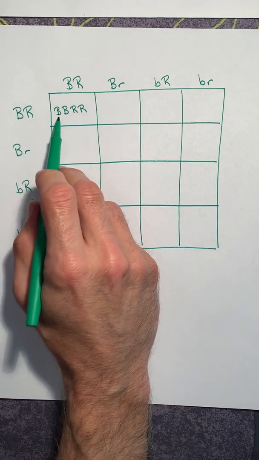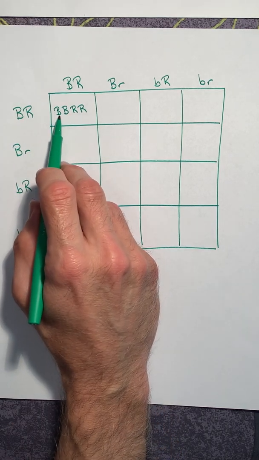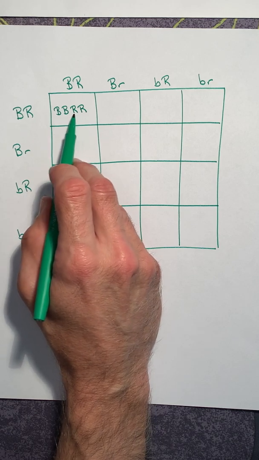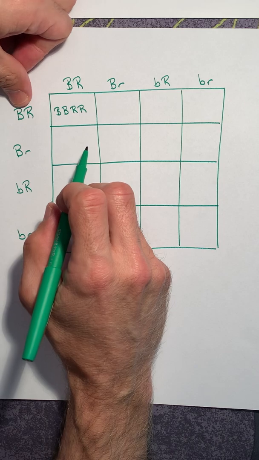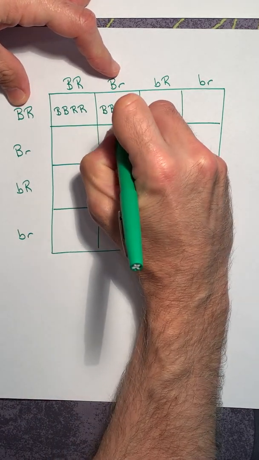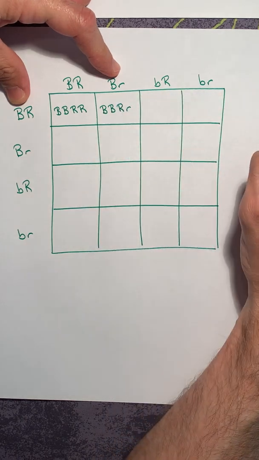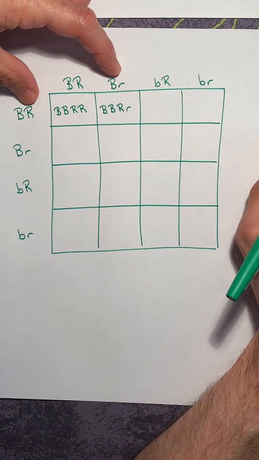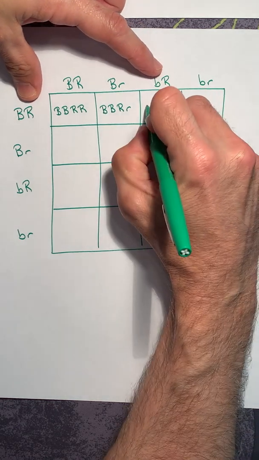And now the offspring carries 2 alleles, a homologous pair for coat color and a homologous pair for coat texture. So now this and this. Big B, big R, little r for those 2. And now this one with this one.